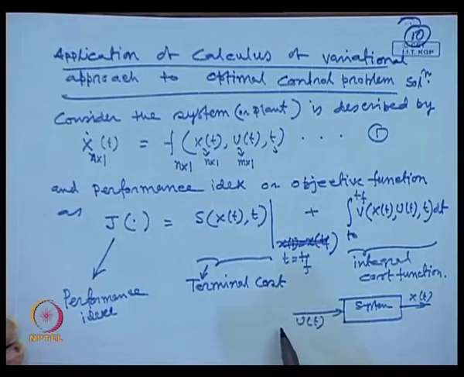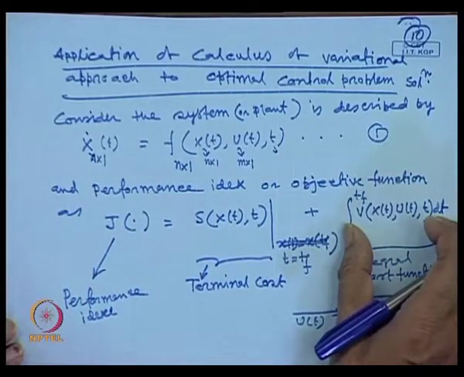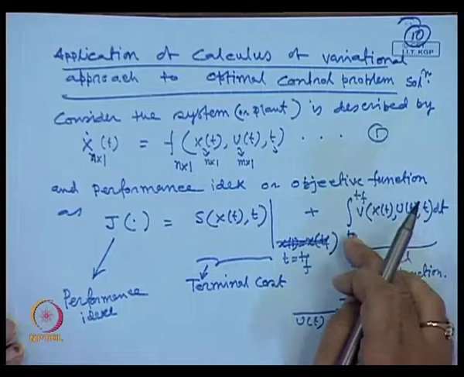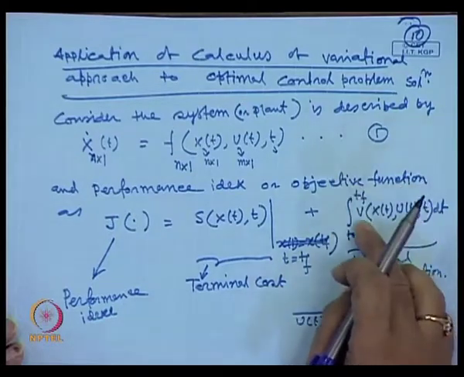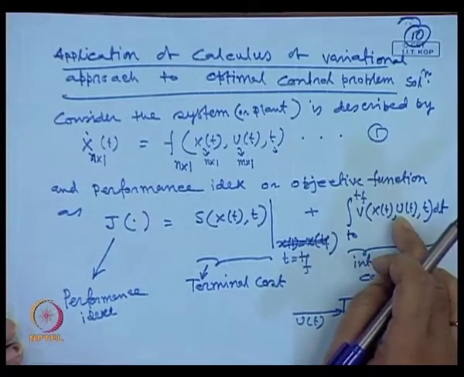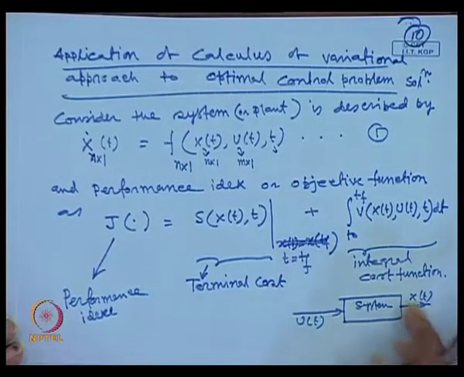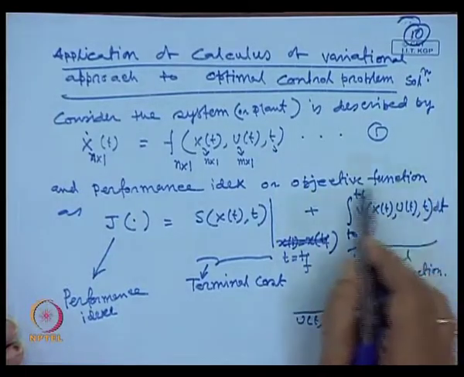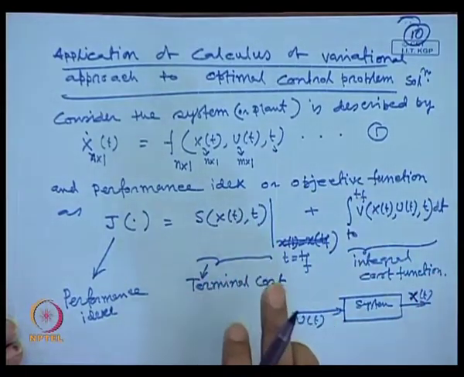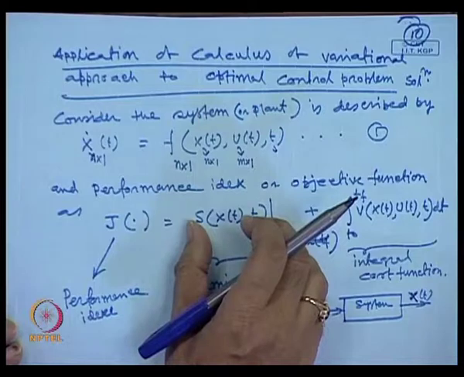Our problem is to find a control input u of t such that this performance index, from 0 to T f, a function of x(t), u(t) and t, is minimized. U(t) is the control input that regulates the state x of t. Plus the terminal term: as time t is equal to T f, whatever this function value is, that is called the terminal cost.